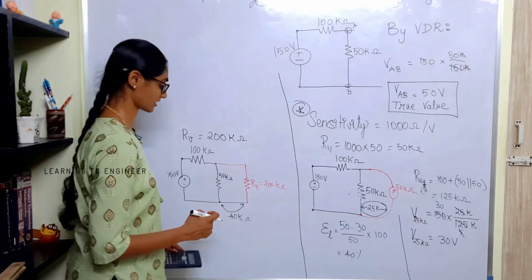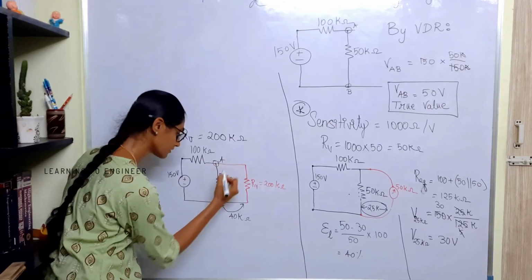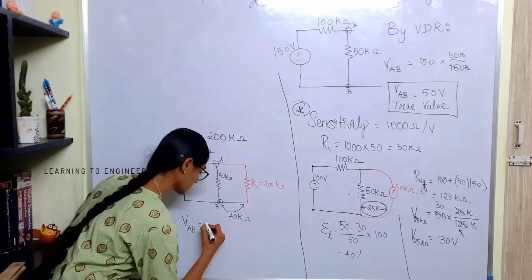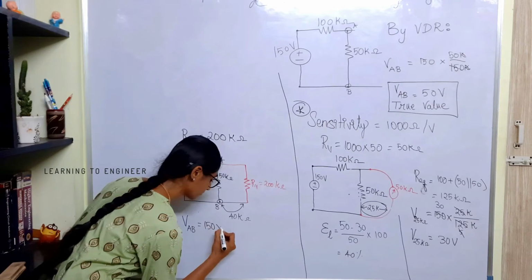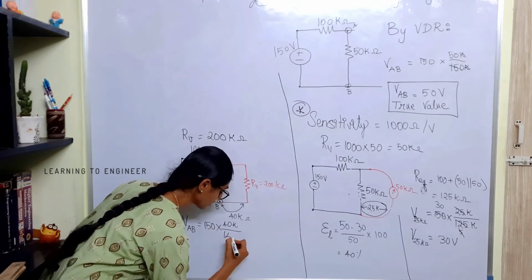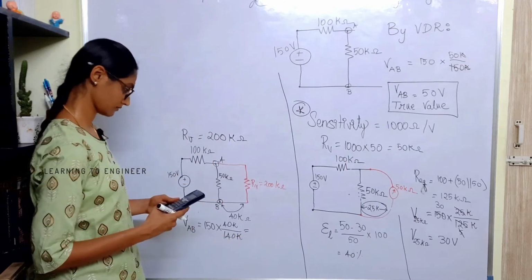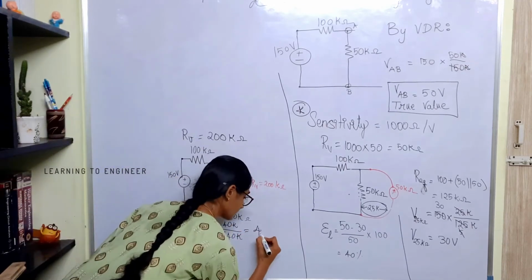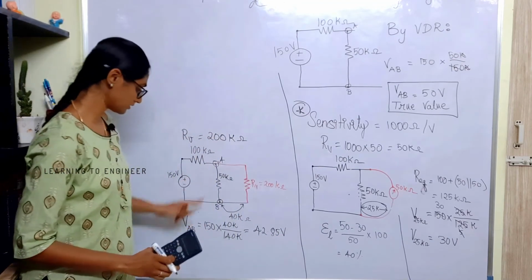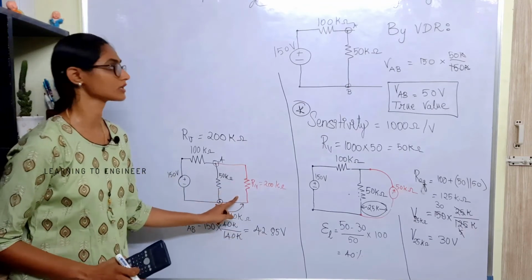Let us check. What is the voltage across A and B? The voltage across AB will be 150 times 40 divided by 140. The voltage across this pair is 42.85 after I connect this voltmeter.